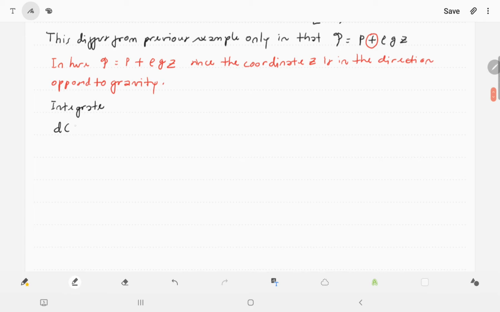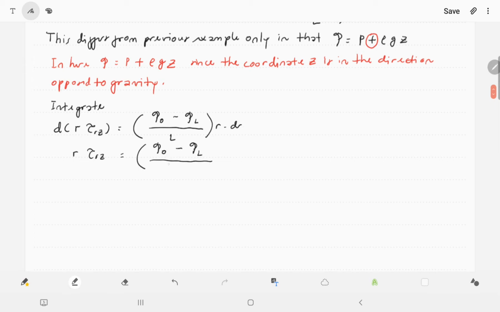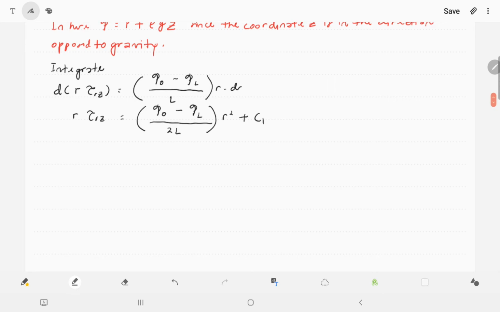So d/dr of r tau rz is equal to (P0 minus PL) divided by L times r dr, and then r tau rz will be equal to (P0 minus PL) divided by 2L times r squared plus C1, and then tau rz will be equal to (P0 minus PL) divided by 2L times r plus C1 divided by r.